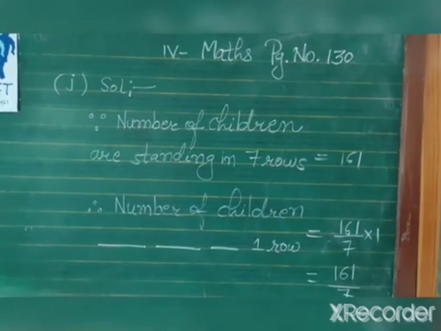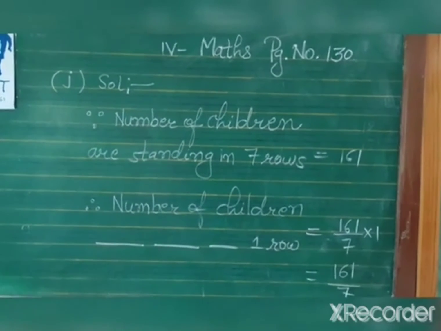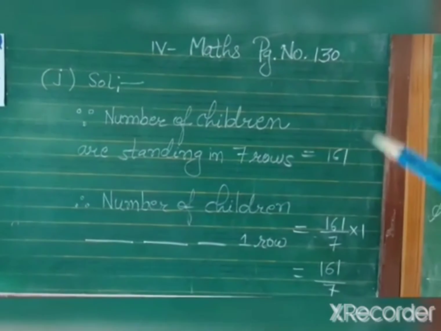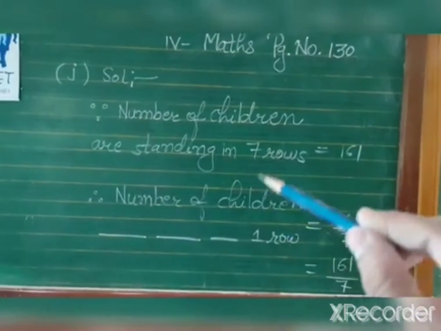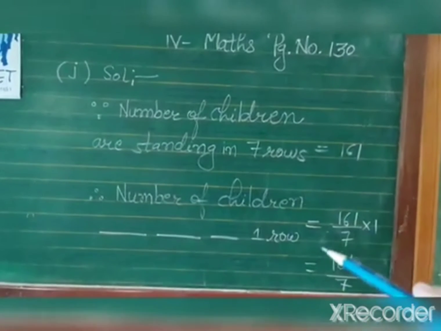So in 1 row, division. Okay, and story problems we will take in the online class. Now see in the question it is given number of children standing in 7 rows is equal to 161. So number of children standing in 1 row is equal.